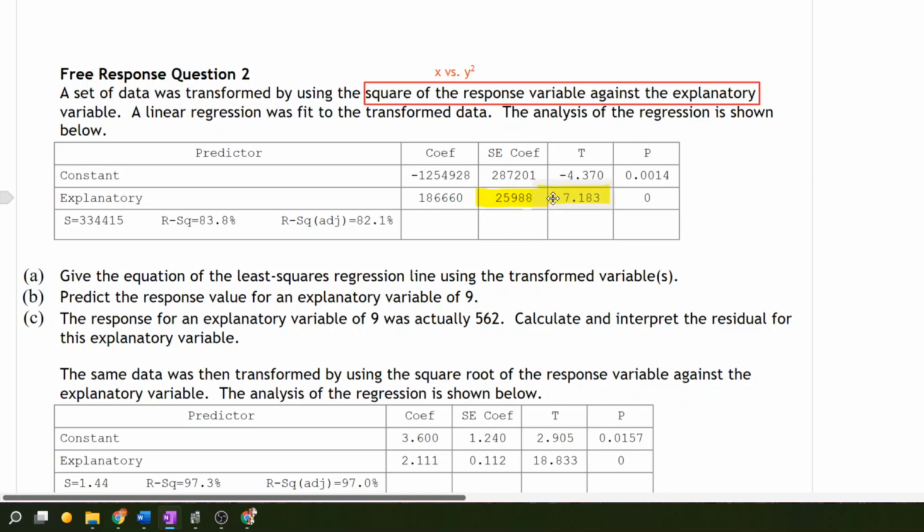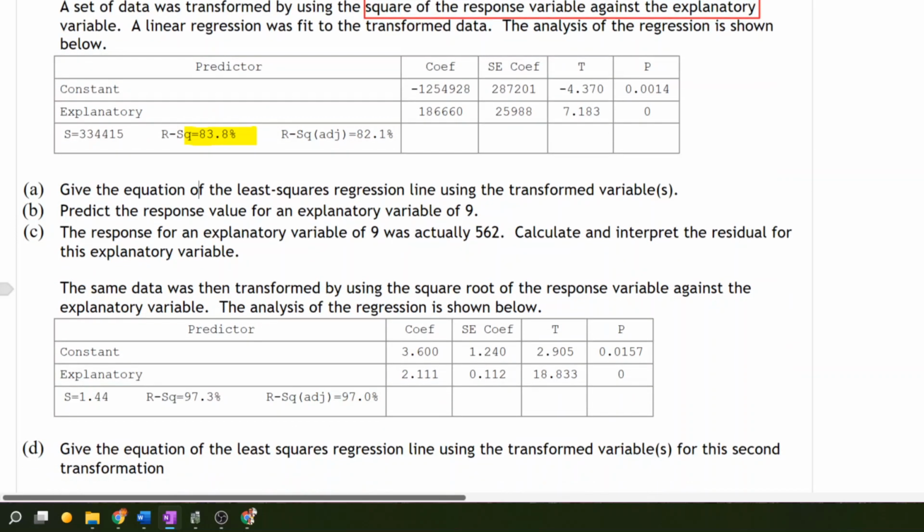Here we have the test statistic, 7.18, giving us a p-value for a two-tailed test of 0. The standard deviation of the residuals is 334,000, and r squared is equal to 0.838.